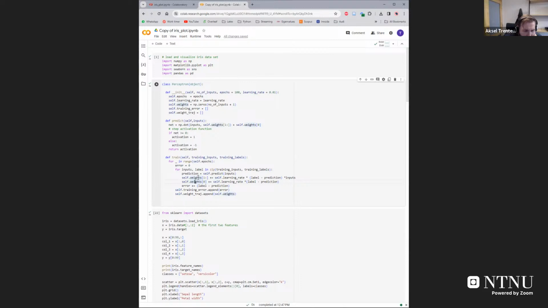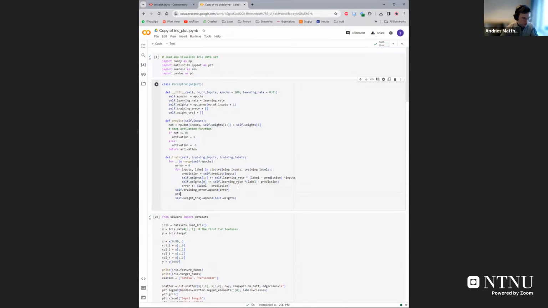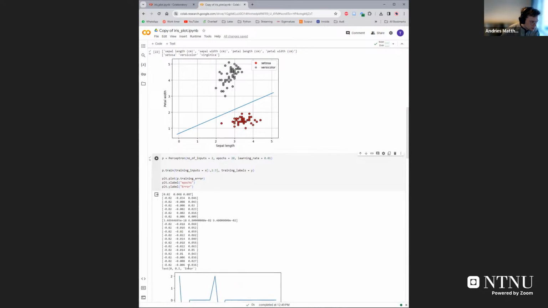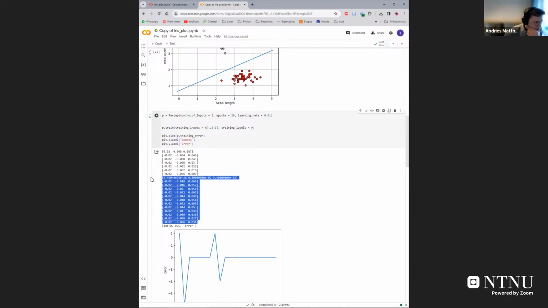So this is the new weight, and that is input by input. Yeah, we just plot the weights here. Print. See if this gives any changes. Yeah, they change, so it's a storing issue.